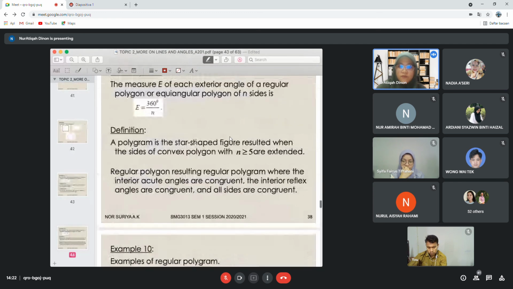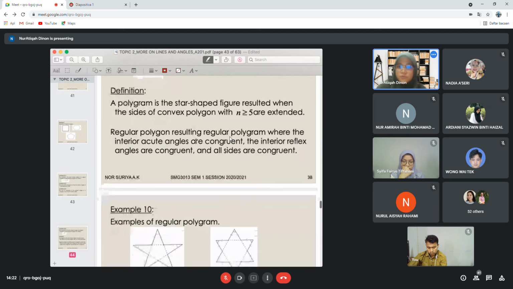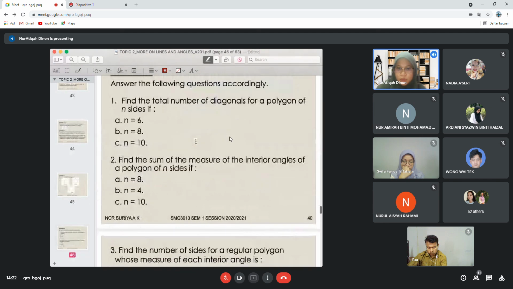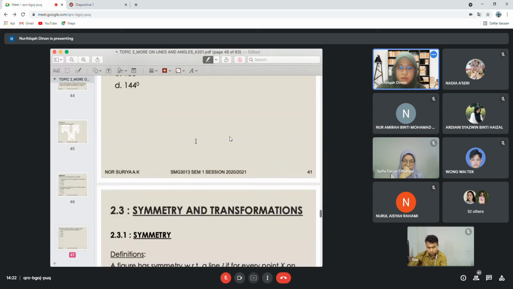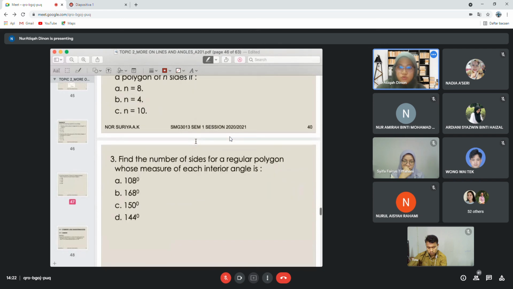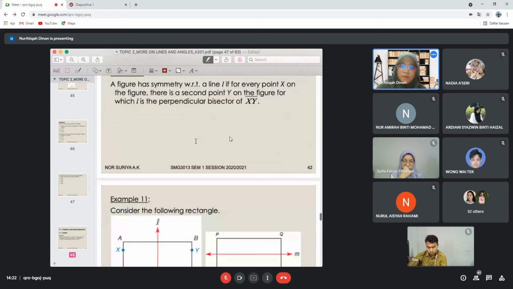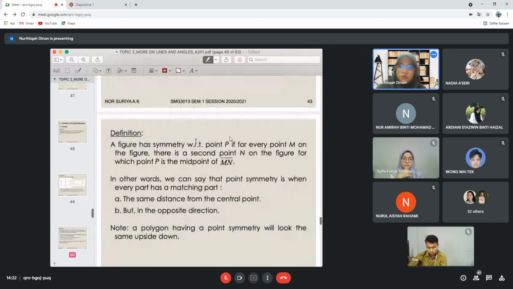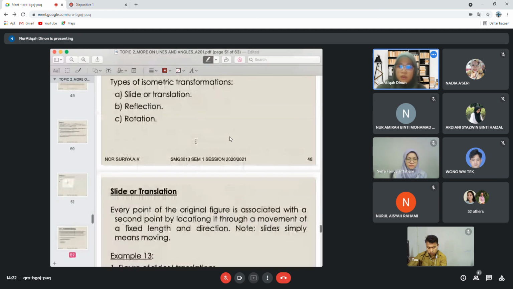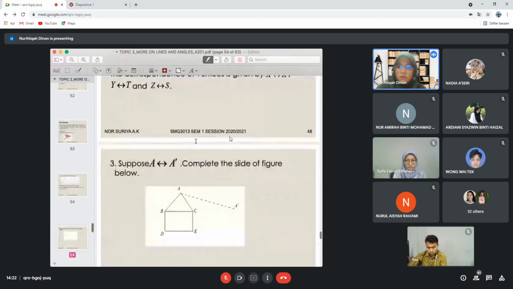Okay, they have a corollary here. And then we have exercises. There's not much left, just a little.